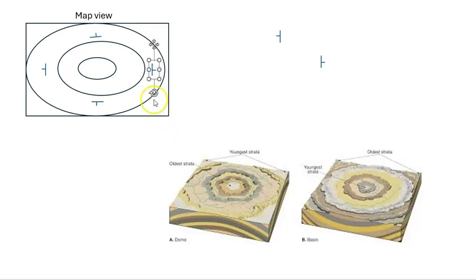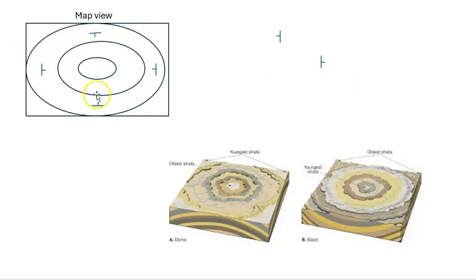And of course, we could argue that if we wanted to show you a basin, we would just show you that all of these symbols are pointed toward the center. If they're pointed toward the center, then this must be a basin. So the anticlines, synclines, domes, and basins have similar ID techniques, right?